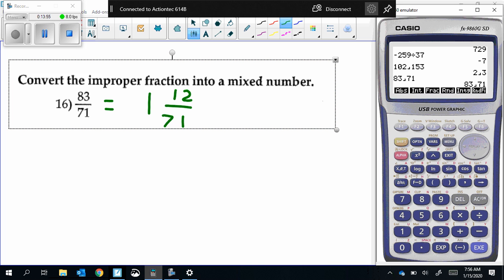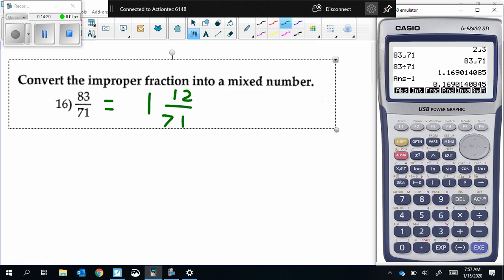The other option for this, actually a little bit less thinking, is you just type it in as division. 83 divided by 71. Not the fraction, but the divided by. It gives you a decimal. So that 1 point whatever tells us the whole number part. Then subtract whatever that whole number is, subtract 1.